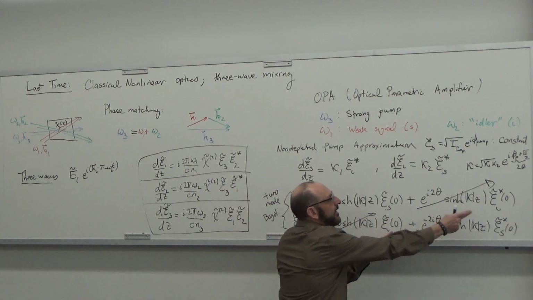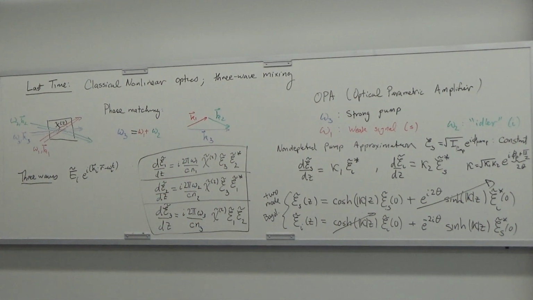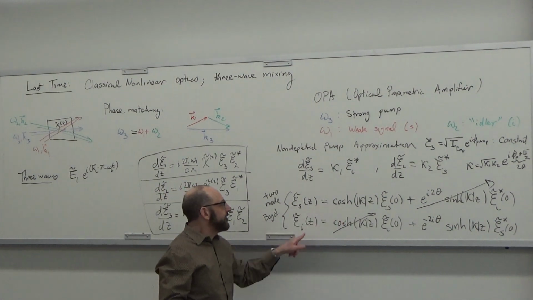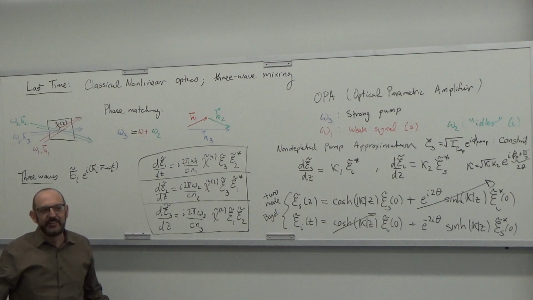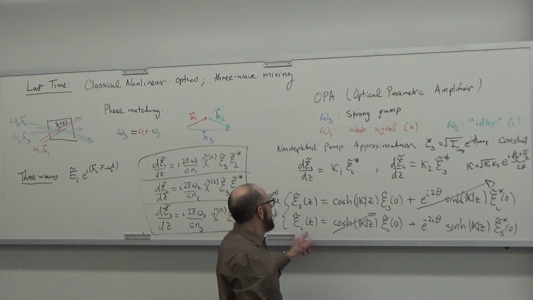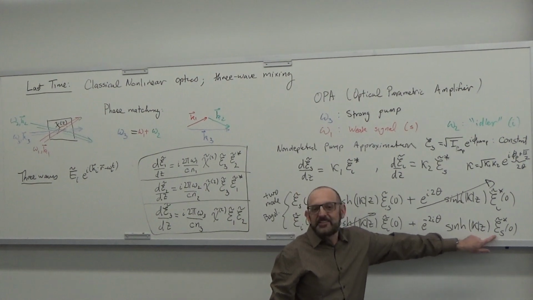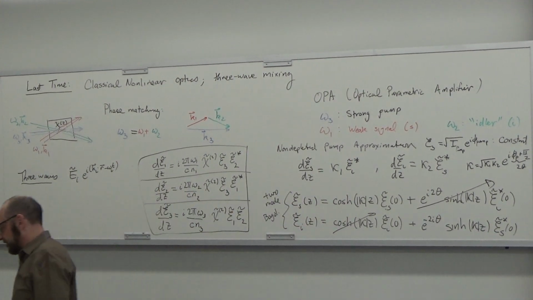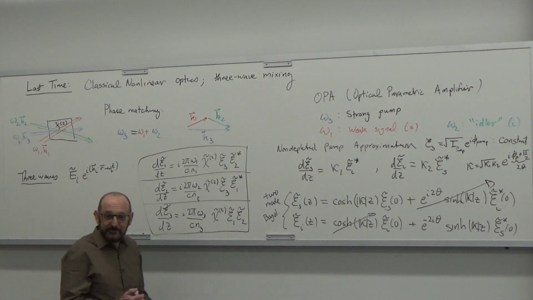If we injected no light at the idler mode, then we would amplify the signal, and simultaneously we would generate a second conjugate beam, as we call it. It's conjugate because it grows depending on the conjugate of the input phase. This is classical nonlinear optics.